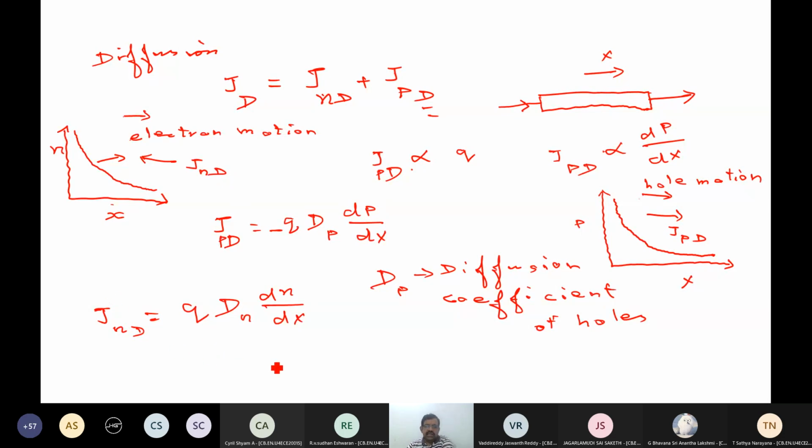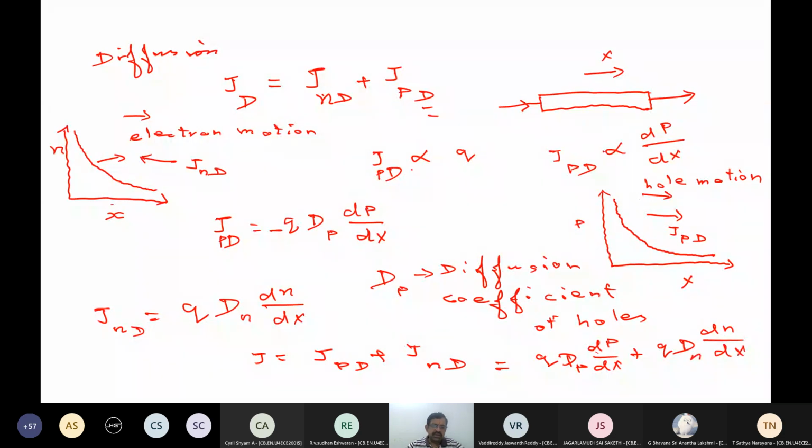So the net result is J equal to JPD plus JND, which is actually nothing but minus q Dp dp by dx plus q Dn dn by dx. So capital Dn stands for the diffusion coefficient of electrons.